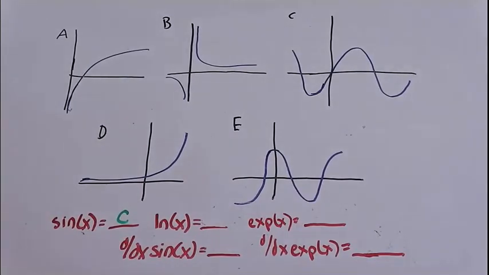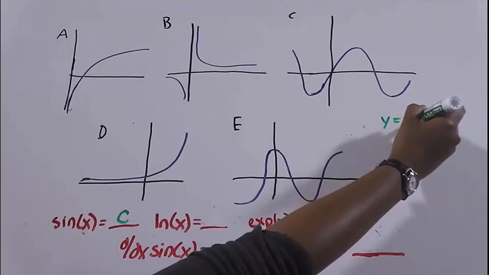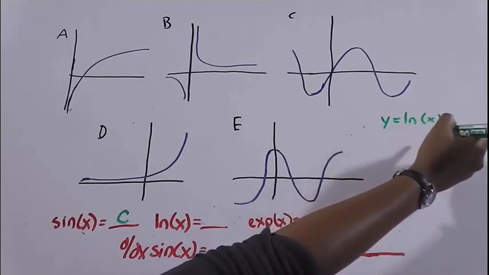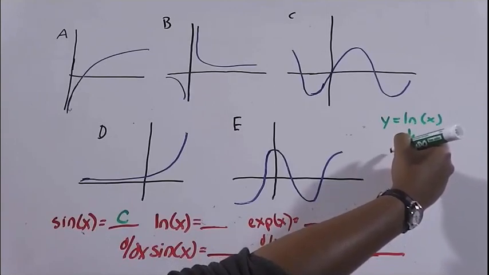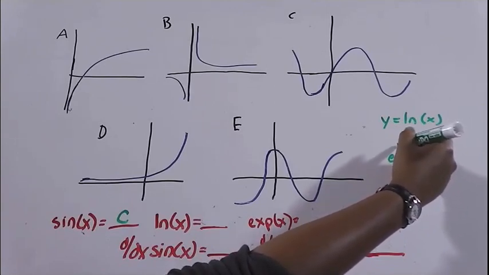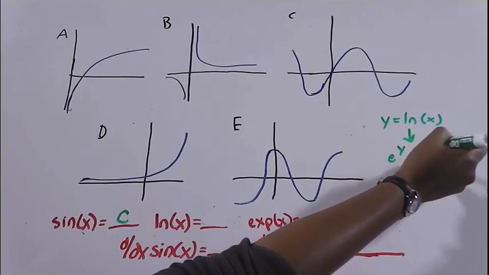For the graph of natural log of x, let's just rewrite this in a way that might make this a little more clear. If we have y equals natural log of x, we can rewrite this as e raised to the y is equal to x.